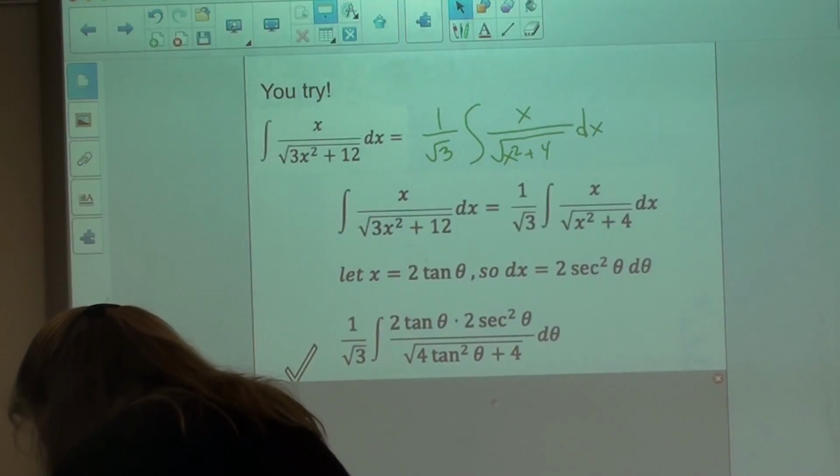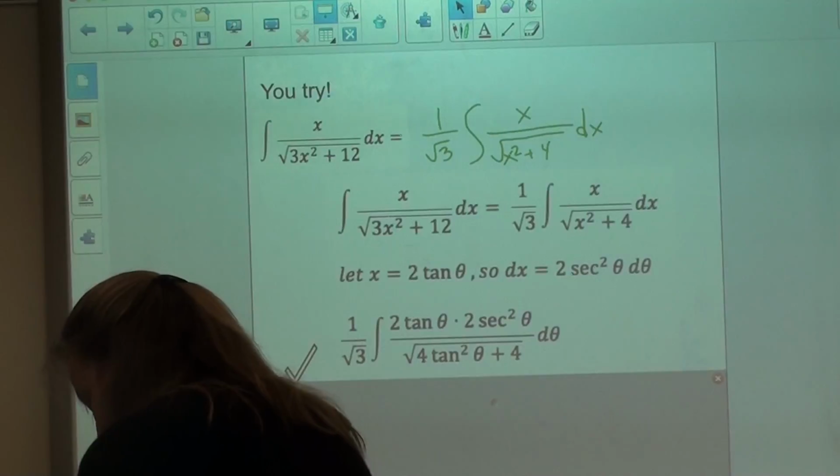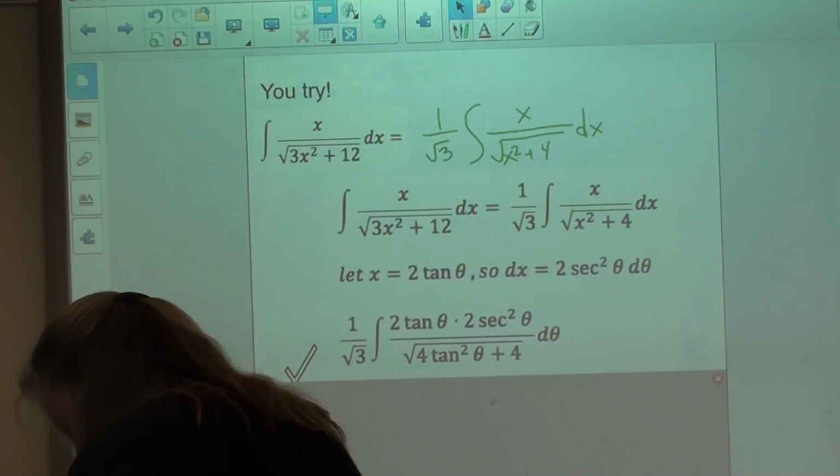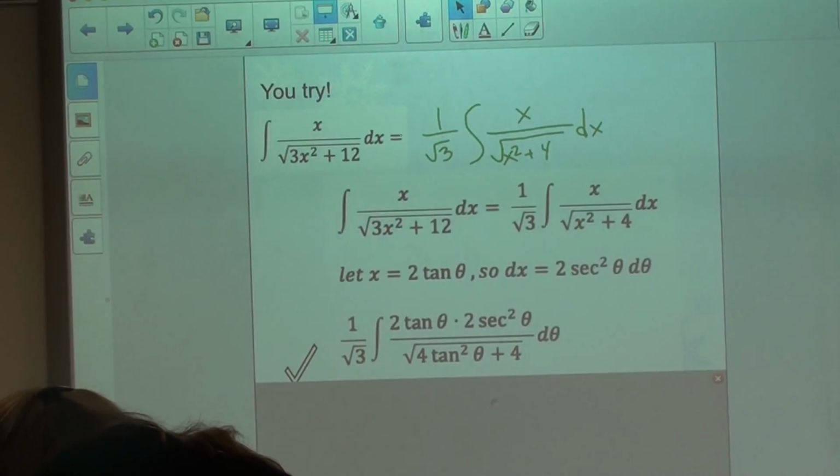Oh, yeah, got it. Oh, you've already jumped into the answer. You are very lazy with your writing. It's so beautifully written, it looks so nice that it doesn't look like you have any laziness here. But you have to be very intentional with your dx's, right?